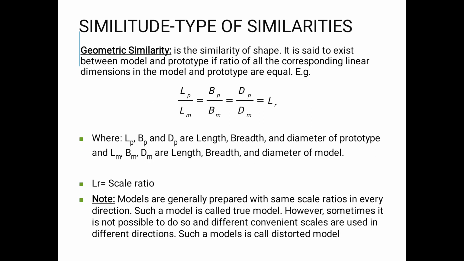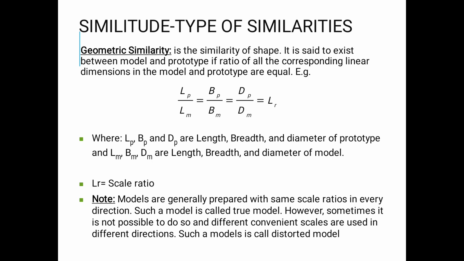Geometric similarity. Geometric similarity is a similarity of shape. It is said to exist between model and prototype if the ratio of all the corresponding linear dimensions in the model and prototype are equal.